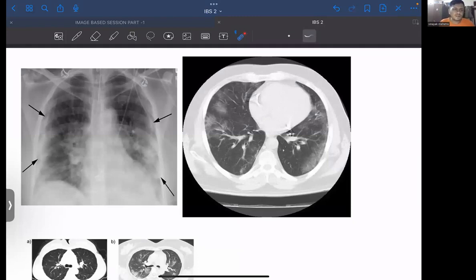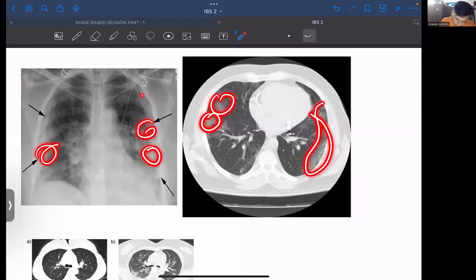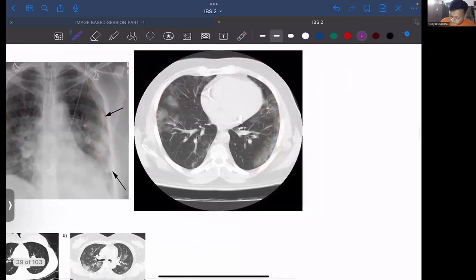This is called ground glass opacity. Ground glass opacities. Okay, इसी को बोलते हैं ग्राउंड ग्लास ओपेसिटीज.